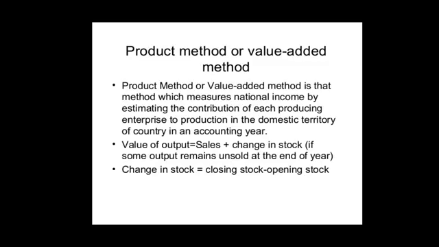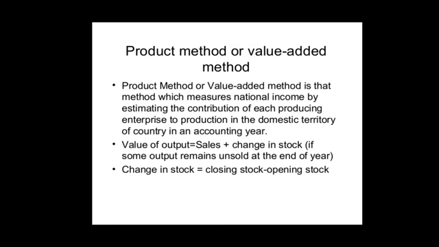Dear students, value added method is also called the output method or product method of measuring national income. This method involves estimation of the market value of final goods and services produced in an economy in a given period.